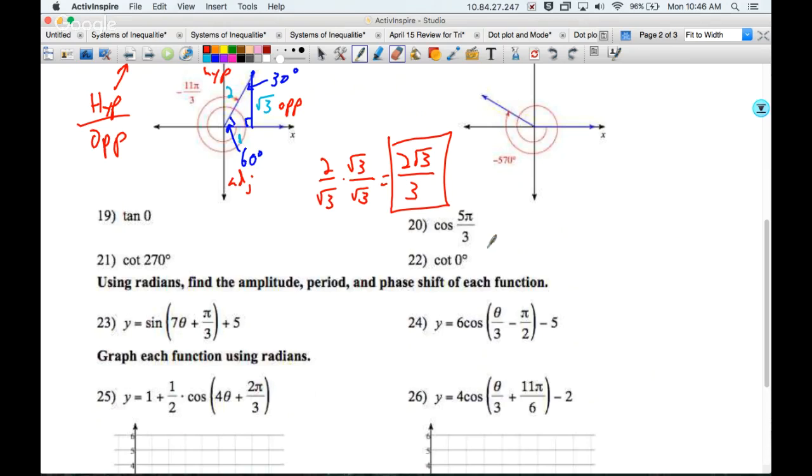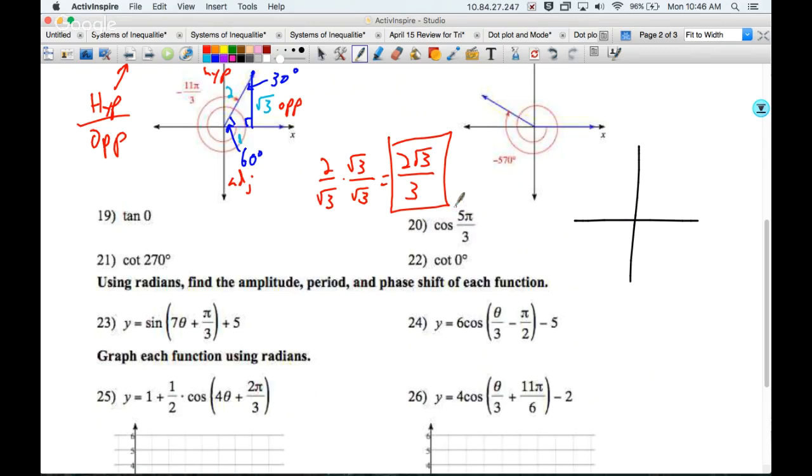So number 20, I need to sketch a 5 pi over 3 angle. That's kind of the hardest part of this whole thing: what does a 5 pi over 3 angle look like? How can we do this?